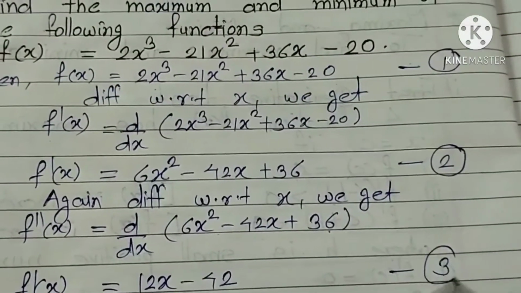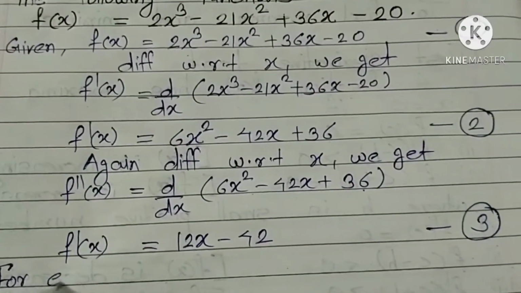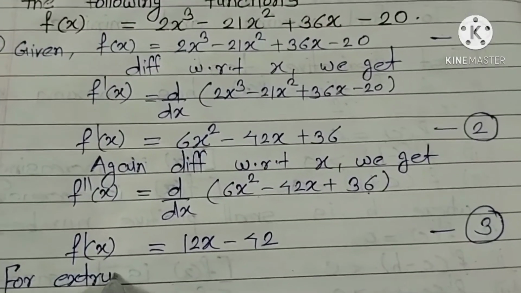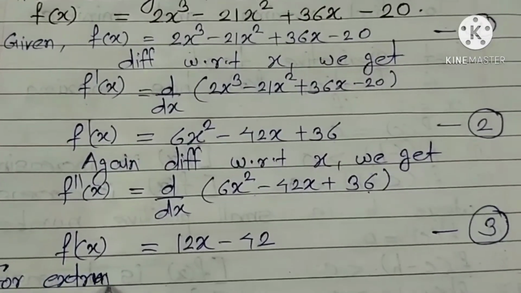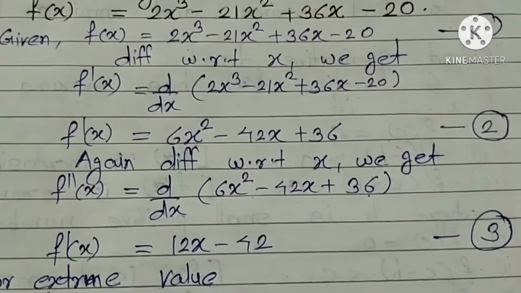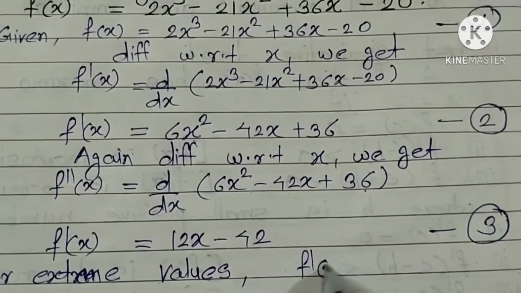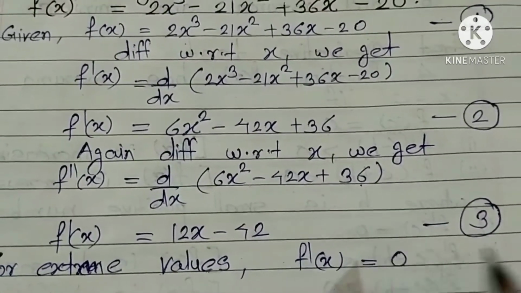Call it equation third. Now for extreme values, take f dash of x equal to 0. So for extreme, f dash of x equal to 0.